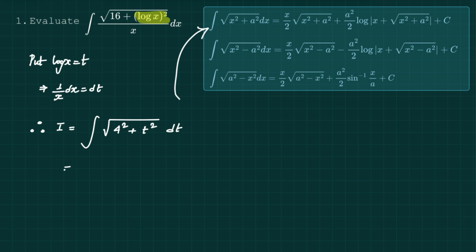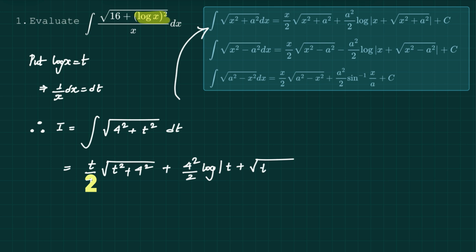So using the formula we will have x over 2, that is t by 2, square root of x square plus a square, plus a square by 2, that is 4 square by 2, log of x, that is t, plus square root of x square, that is t square plus 4 square, plus c.